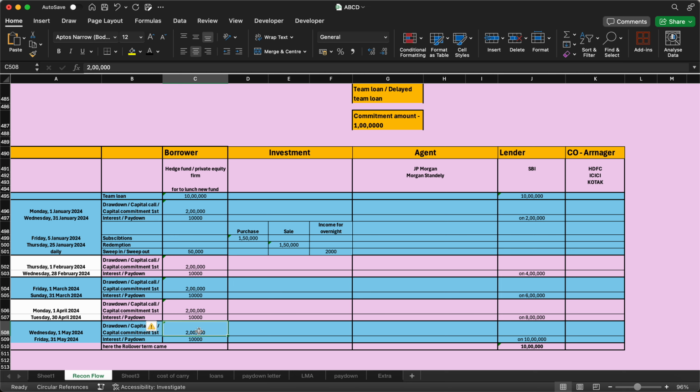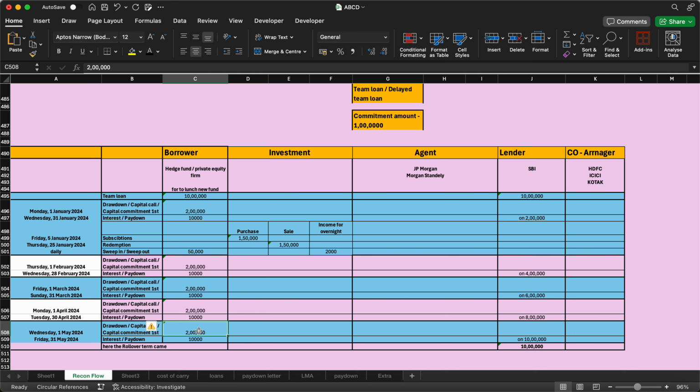So what happened, the lender, SBI, HDFC, ICICI, Kotak, we take them as an example, maybe other banks also came. They came to know this fund is making payments to us on time, giving interest on time, and there is no default or anything, so we gain confidence.